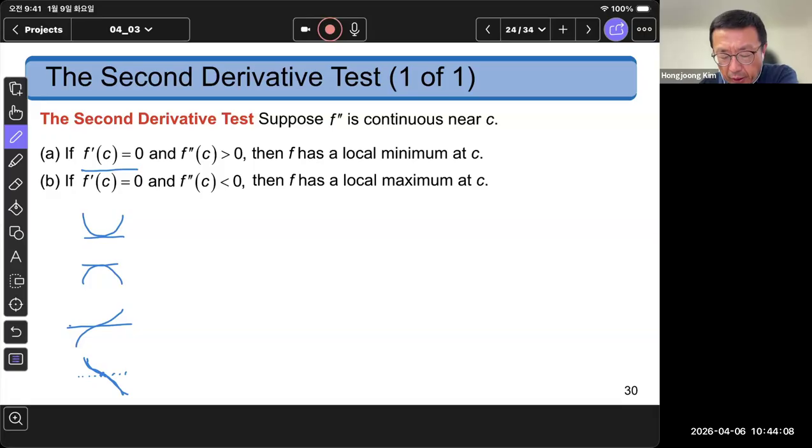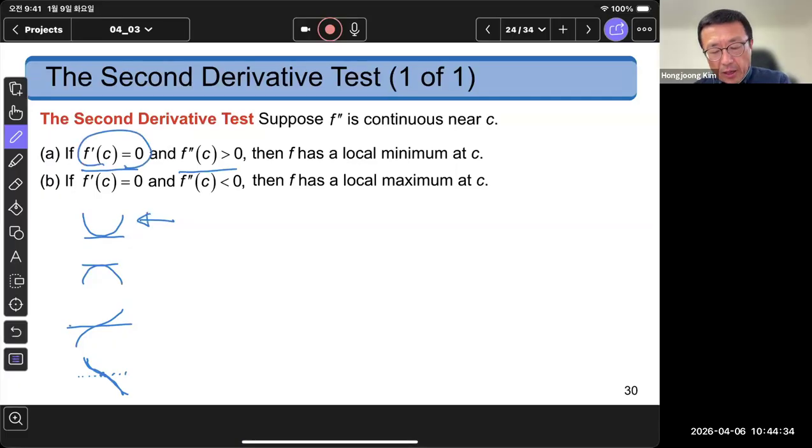Now, if f double prime at C is positive, what does that mean? In that case, you get concave upward locally. So you have this situation. If f prime of C is 0 and concave upward, the first situation, so we will have a local minimum there.